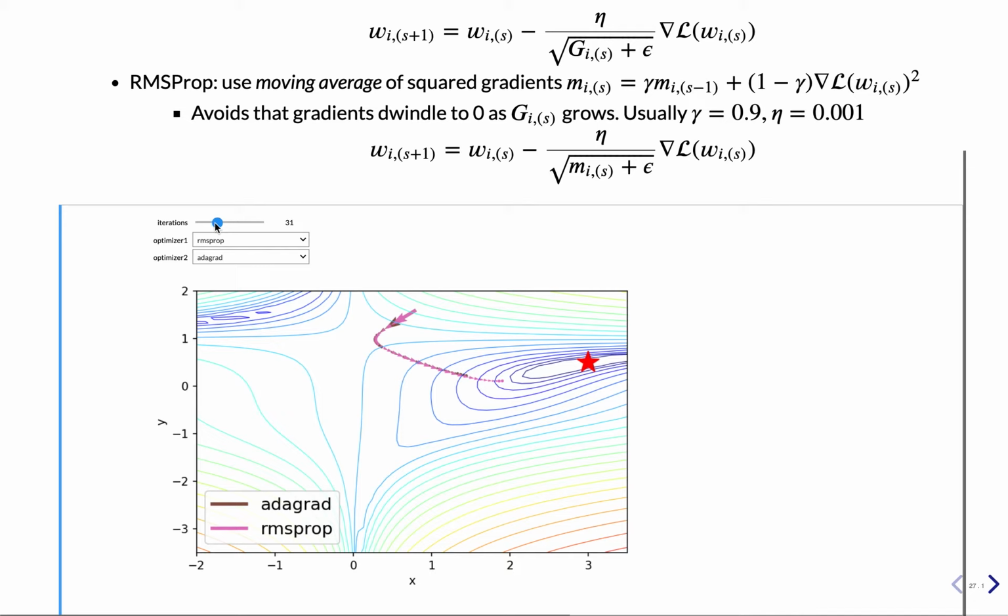So if you move this, you can see that RMSprop is speeding up, and if we take a few more iterations, we can see that RMSprop gets down to the optimal solution actually very fast, faster than anything we've seen so far. And there's no zigzagging whatsoever happening. You can see it goes to the optimum much faster than normal Adagrad.